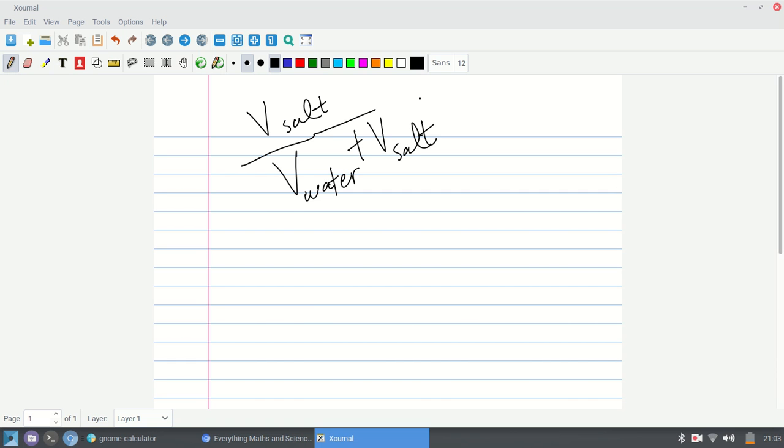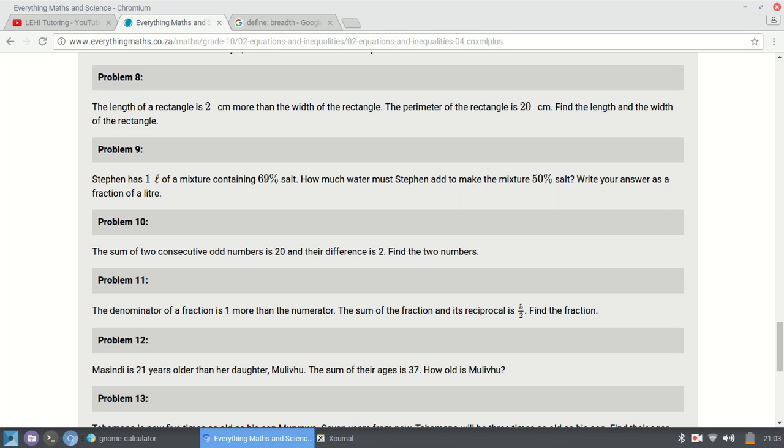So this is a fraction, right? So the total mixture is V water plus V salt, and V salt is just the salt on its own. And that just happens to be 69%, which is 0.69 originally, right? And the initial total volume is 1 liter.